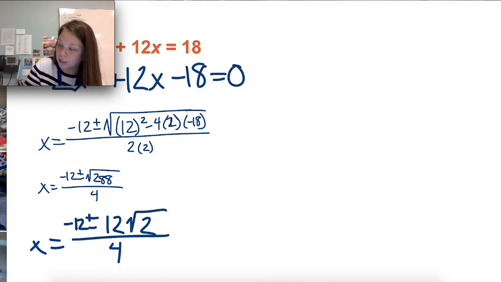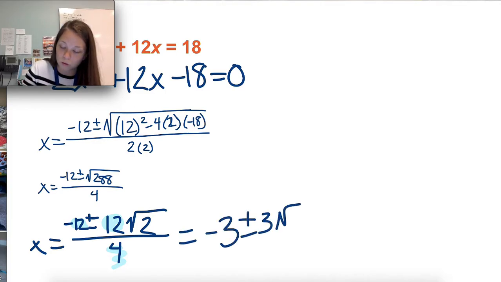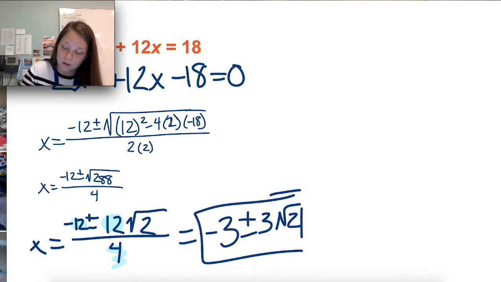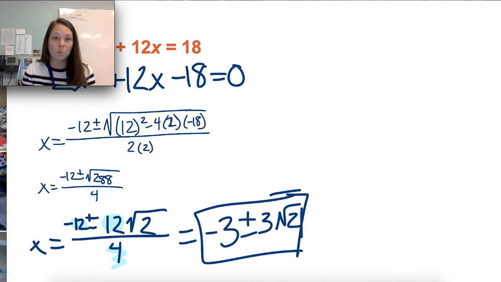And then we can actually simplify that a step further because the 12 here and the 12 there in front of the radical sign are both divisible by this 4. So if we divide them both by 4, we get negative 3 plus or minus 3 root 2. All right? And that's a warm-up problem with the quadratic formula.